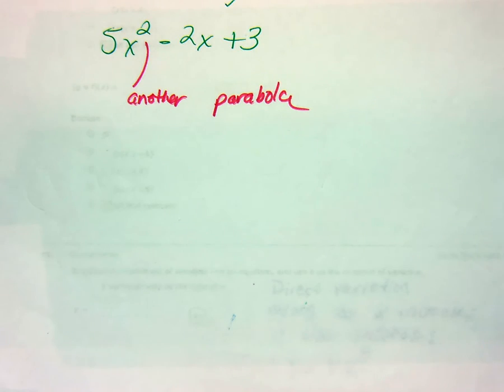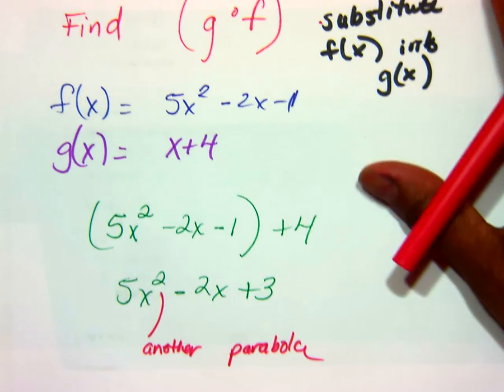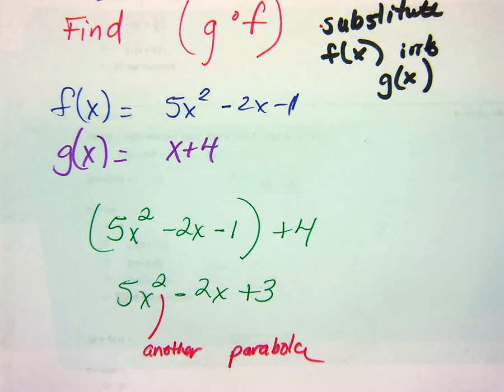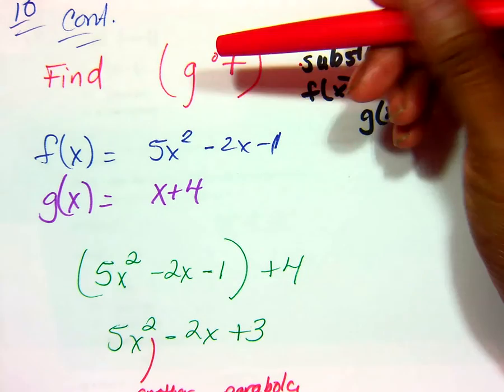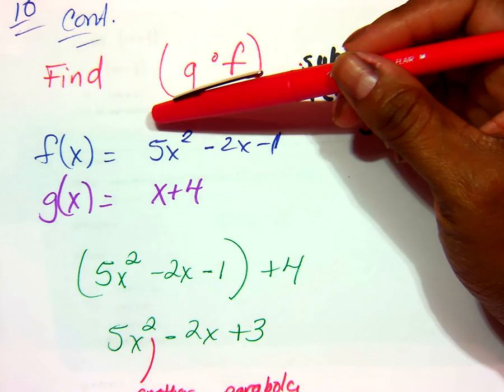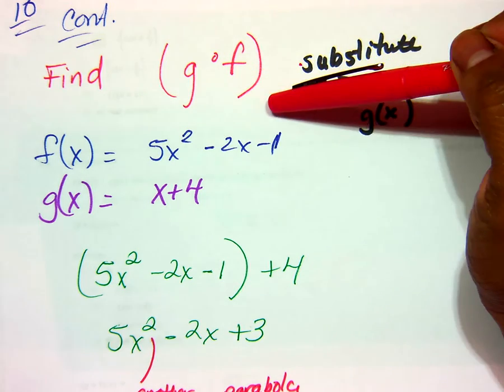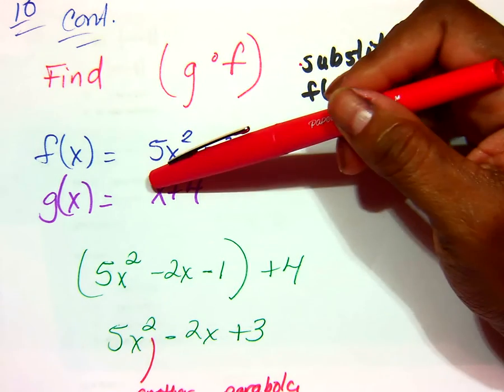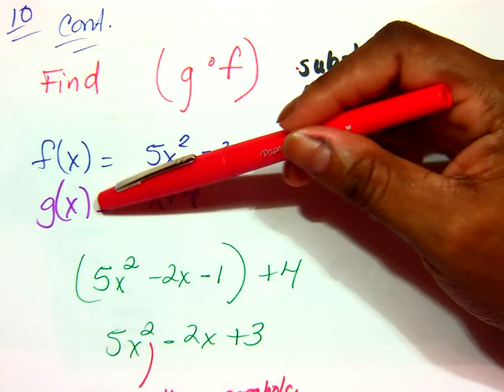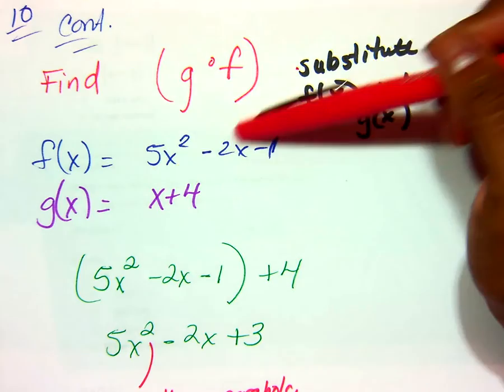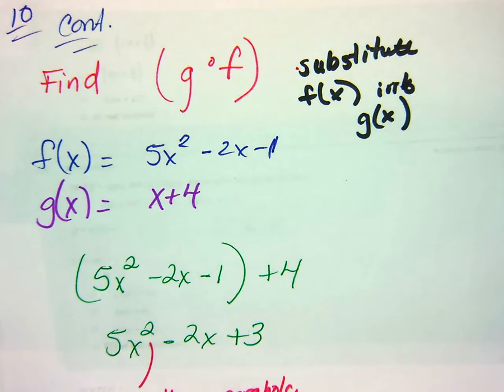But wait, there's more. Now we got to do where you substitute f into g of x. So once again, f of x is 5x squared minus 2x minus 1, and then we got g of x, x plus 4. So wherever I got an x in g, I'm going to put all of f of x in there. So that's what I did right here.